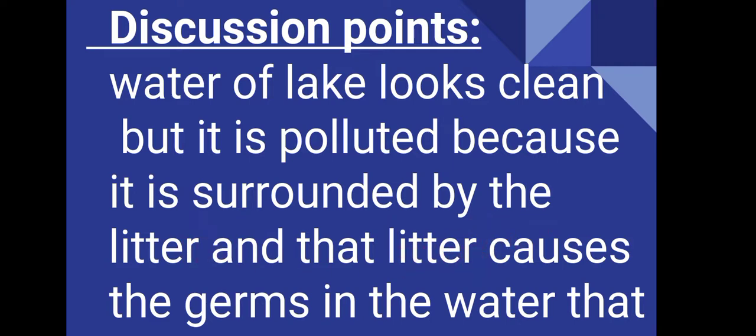We have read about this also, that Rafe liked the lake a lot, but his mother warned him that the water of the lake looks very clean, but actually it is polluted because people are throwing the garbage, the litter, even in the water of the lake, or they are throwing it around the lake, and the lake is surrounded by the litter, and that litter causes the germs in the water.